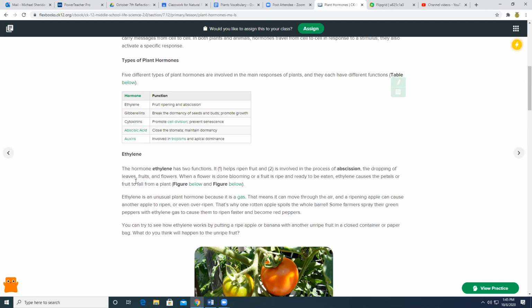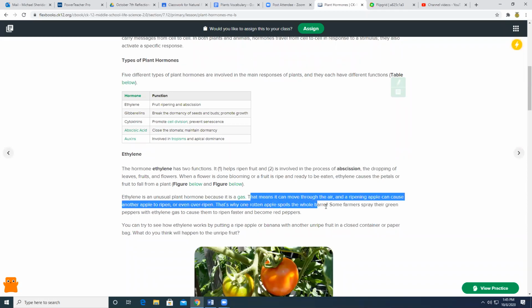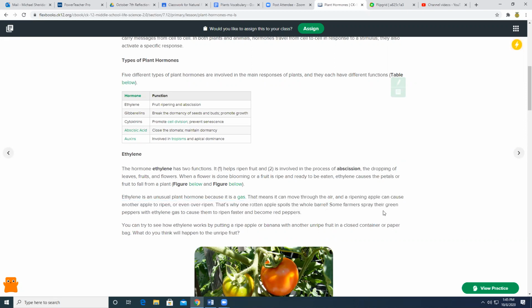That is because ethylene is actually a gas that goes through the air that transmits to plants that tells them that it's time for their tomatoes to turn red. So actually, if you'll look at this, there's a couple really cool stories down in here that talks about the reason that your group of fruit will go bad sooner is because once there's more of that ethylene in the air, it causes all of them to go bad.